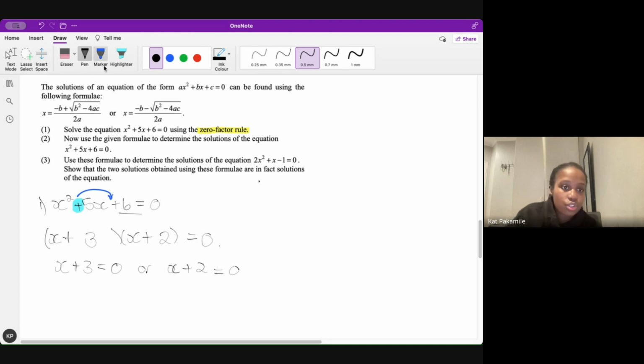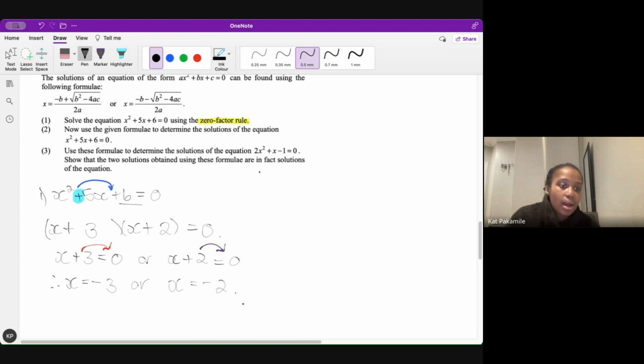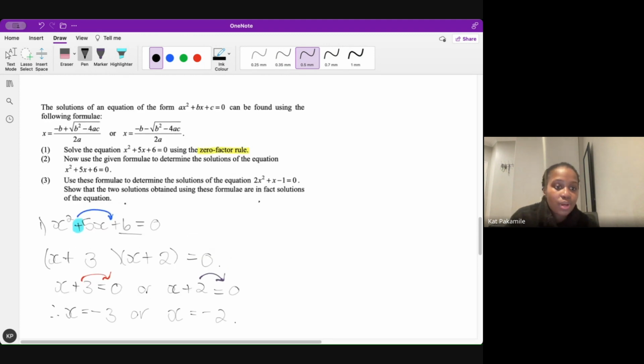What is my solution for the first one? x is equal to negative 3. Or what is my solution for the second one? Or x is negative 2. Great, finished, done. Right? Now, let's use this formula.